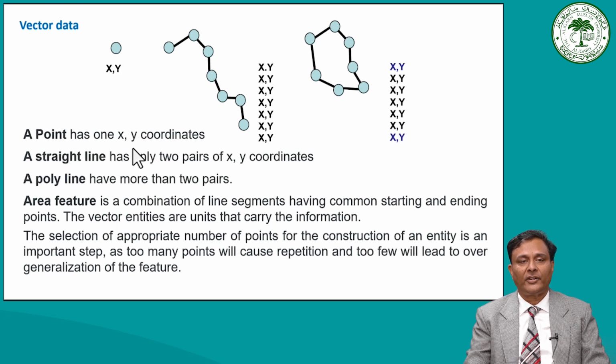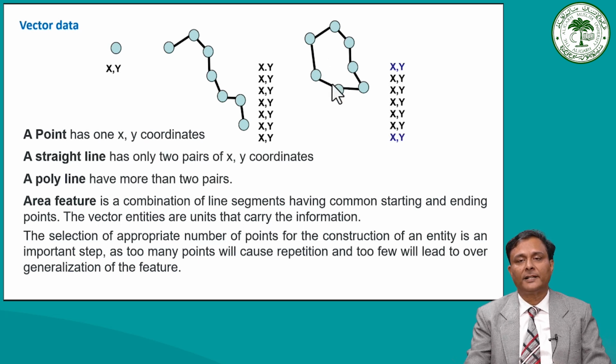A straight line has only two pairs of XY coordinates, whereas a polyline, if we have two lines over here, will have more than two pairs of XY coordinates. And the area feature will have a combination of line segments having a common starting and ending point. For example, if you see here, the line vertices would start from here, then it will come and end up here again.